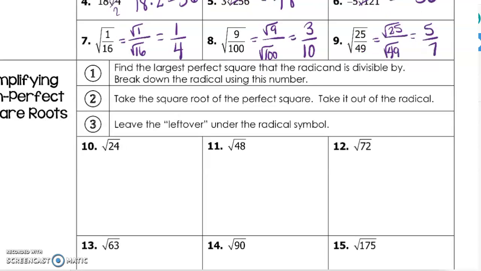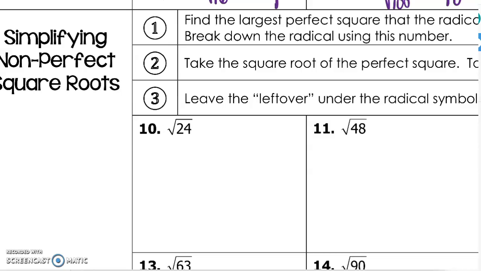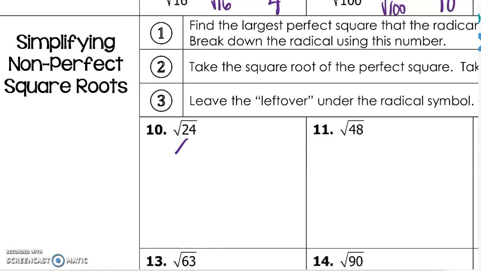So if we look at 24, there's a few different ways to do it. You could list out all of the factors of 24. The easiest way, I think, is to just look at our list and see which of our perfect squares goes into 24. So hopefully we know this is 4 times 6. The way I do it is I draw a little arrow, 4 times 6, square root sign, square root sign.